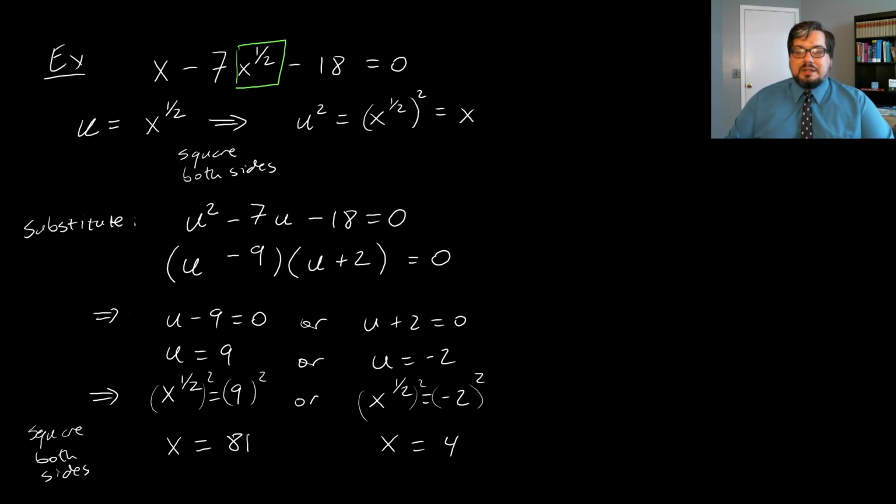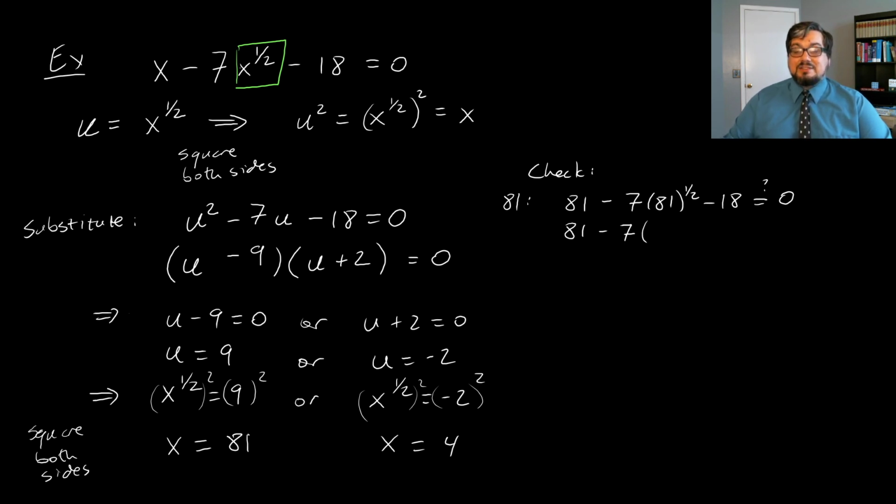And now, of course, we need to check these solutions. So we got two possible ones, x equals 81 and x equals 4. Let's plug them into the original equation and see what we get. So if we check 81, we'll plug 81 in for x, get 81 minus 7 times 81 to the 1/2 minus 18, and ask, does that equal 0? Well, remember that raising to the 1/2 is the same as taking square root.